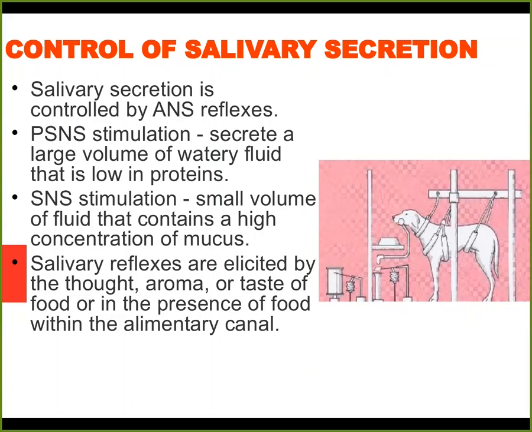And sympathetic activity produces more proteins, and this is good for digestion, but the viscosity of saliva is very high. So for normal salivation, we need as much water in saliva as proteins. We need both sympathetic and parasympathetic regulation.